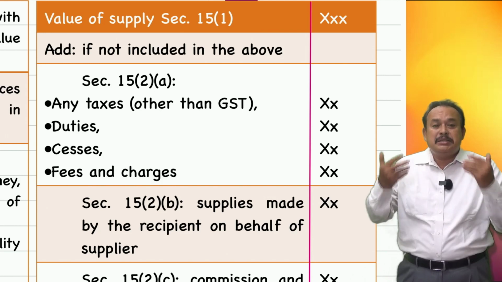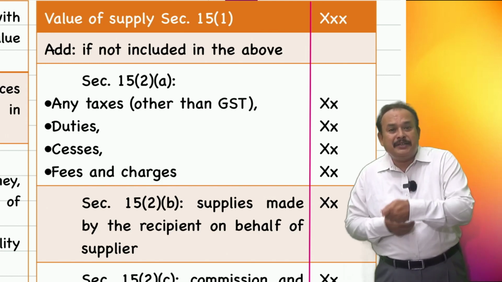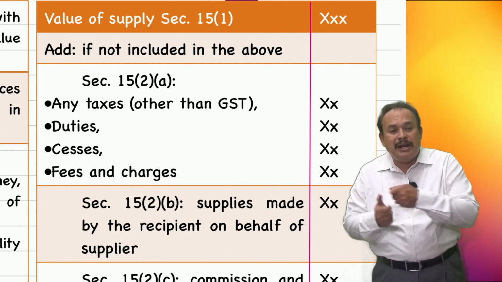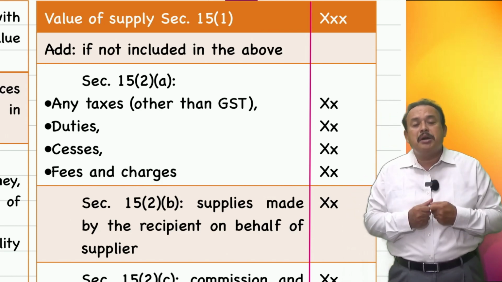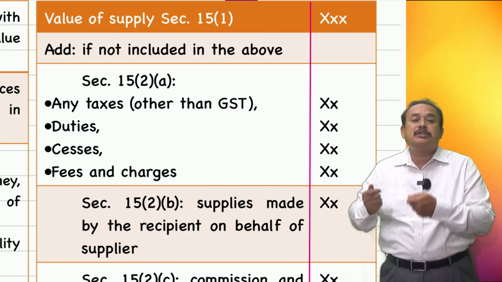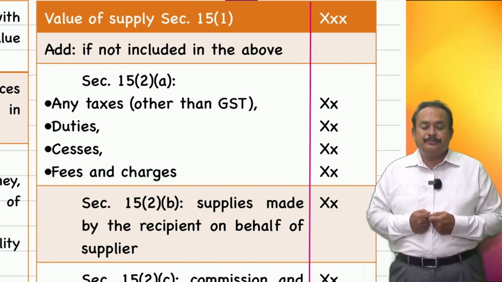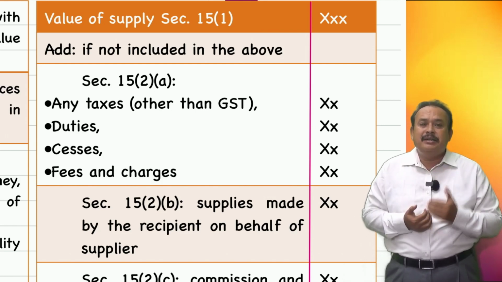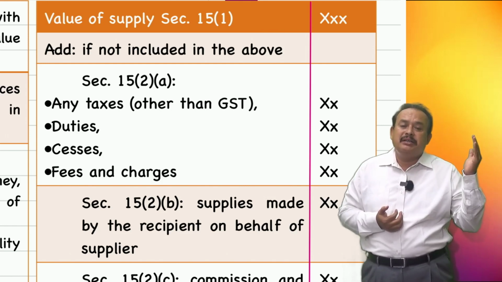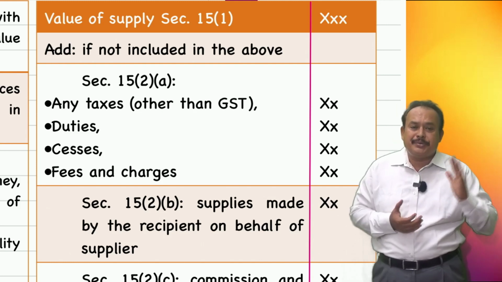Then this landlord collected from the tenant not only 1 lakh as rent, but also property tax of rupees 20,000, and the landlord paid the property tax of rupees 20,000 to the department.